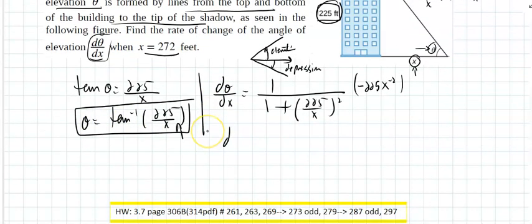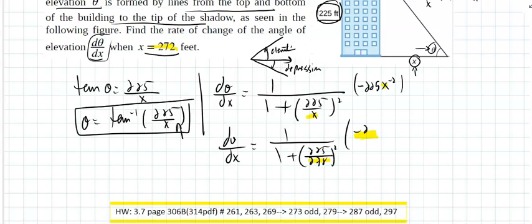So there it is. d theta dx will be 1 divided by 1 plus 225 over, what's x? 272, squared, times the derivative. Right? And what would that be?